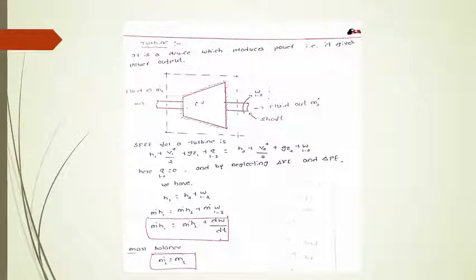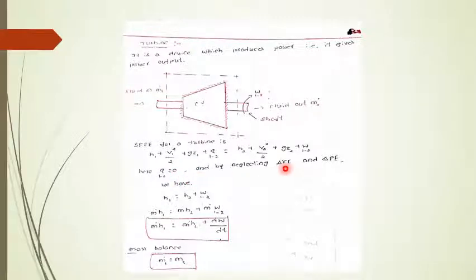Now let us consider the turbine. A turbine is a device which produces power, that is, it gives power output. So let us consider a proper diagram for the turbine, and fluid enters here and it leaves here. Then this is the general steady flow energy equation we have, and for a turbine there is no heat transfer involved here.